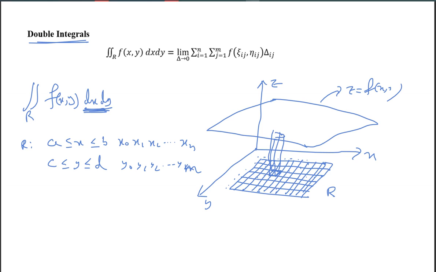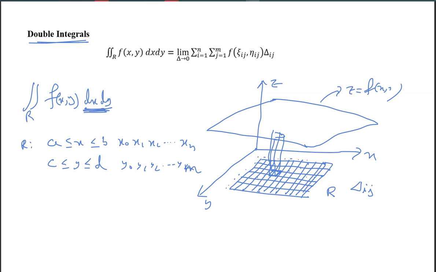So this region on the xy plane, the area of this portion is represented as delta ij. What is delta ij? Delta ij is the area of the ijth rectangular shape.